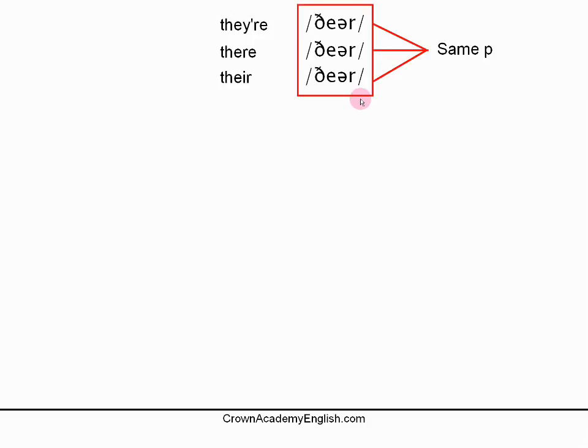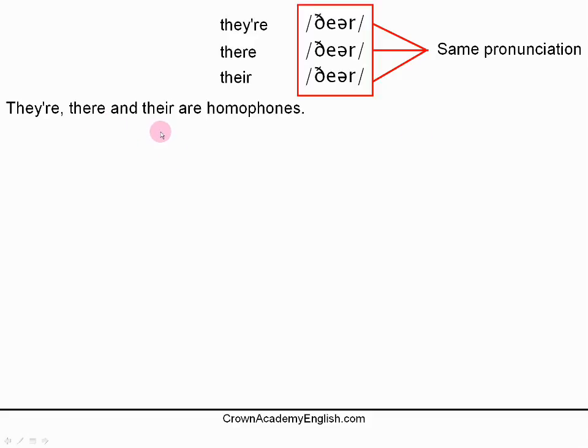So, as you can see, each of these three words, they are different words, but they all have the same pronunciation. The sound is exactly the same. Okay? This is the British English pronunciation. So, they're, there, and their are homophones.